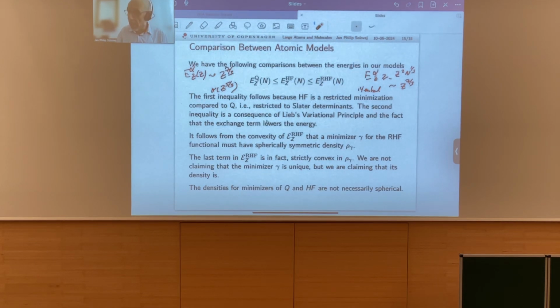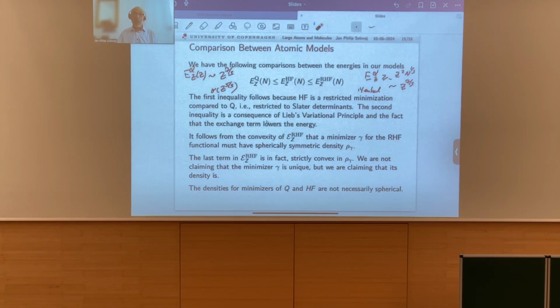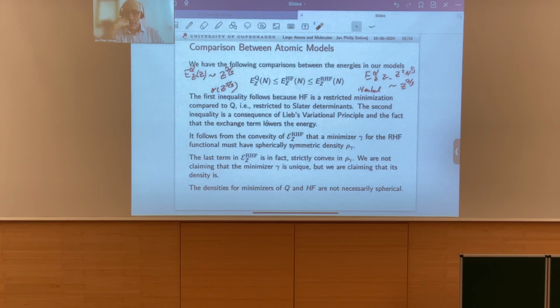And then, of course, estimating something with an error that goes to infinity, Z to the 5/3, is not a good approximation to something of order 1. So these approximations are not good if you want to understand chemical properties. But that's from what we can prove. When you actually look at numerics for small atoms, they're actually not so good.